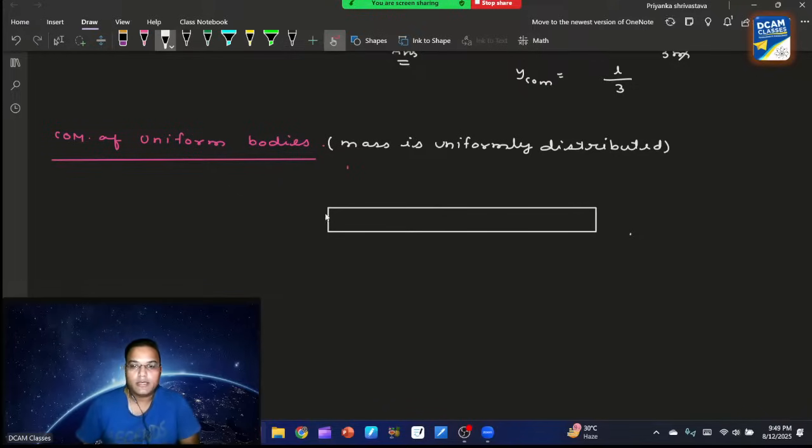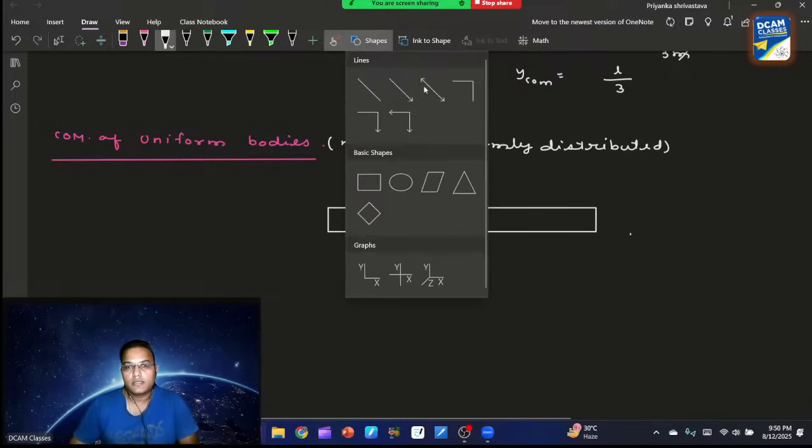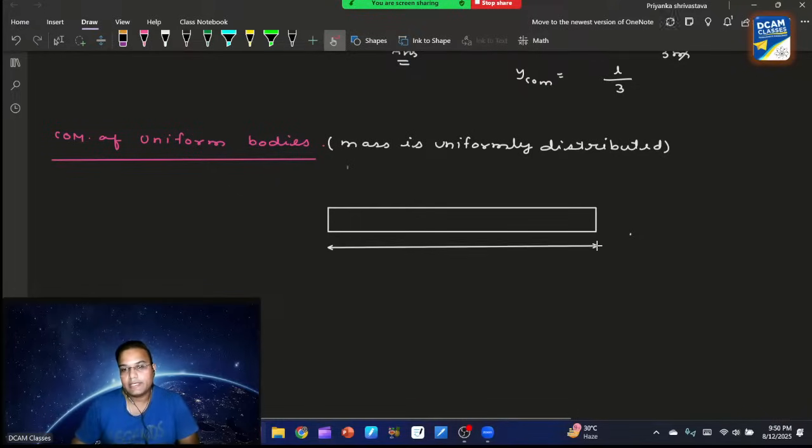Now here this is a rod whose length is L. The whole mass is capital M. We say the center of mass is lying at the center. But how do we say that?